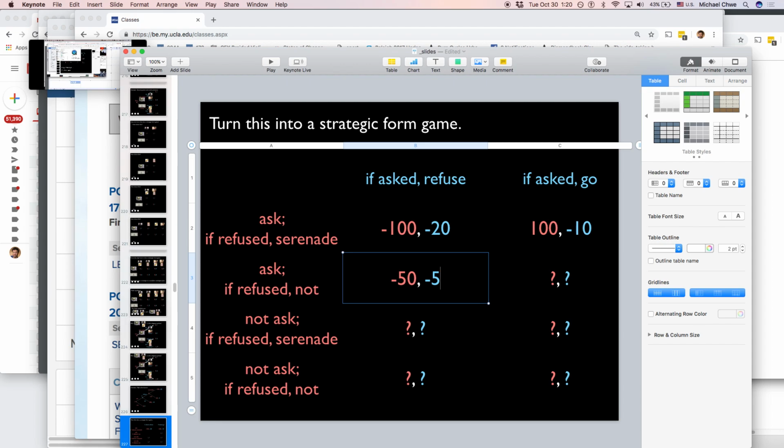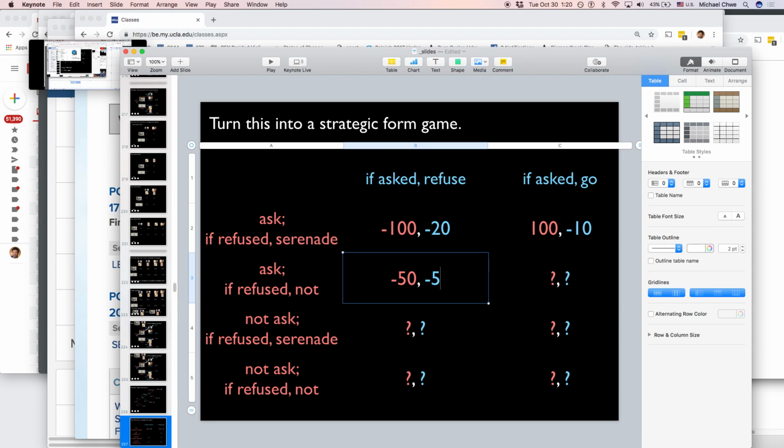But 2's choice depends on what 1 would do here. So 1's choice here does actually depend on this choice. See what I'm saying? For example, if the threat to serenade is successful, then 1 will ask. If it's not successful, then 1 will not. So this affects this, which affects this. So I have to specify this when I think about this. So that's what I do. Okay?